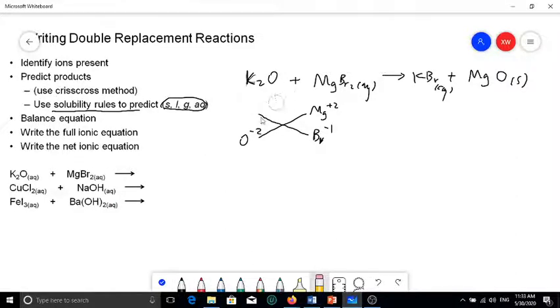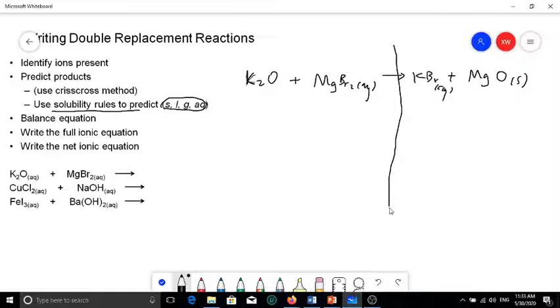All right, so let's erase this to make more space. Now, when balancing the equation, if we draw a broad line separating the reactant side from the product side, on the reactant side you have potassium, oxygen, magnesium, and bromine.